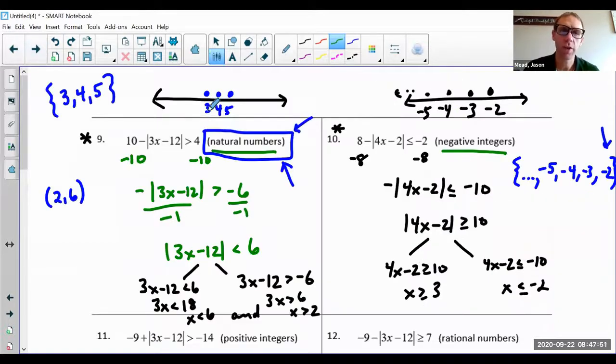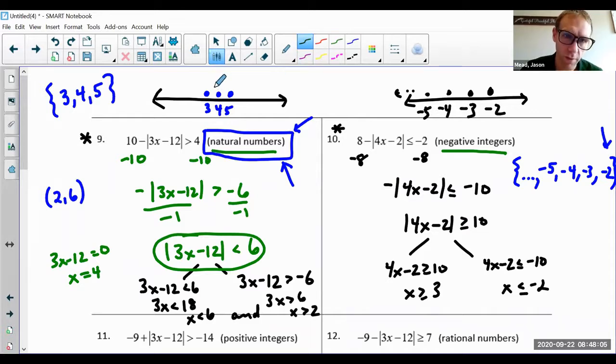That's also true over here. Notice that in this case, if I set 3x minus 12 equal to 0, I add 12 and divide by 3, I get x equals 4. Notice that 4 is the center of my graph.